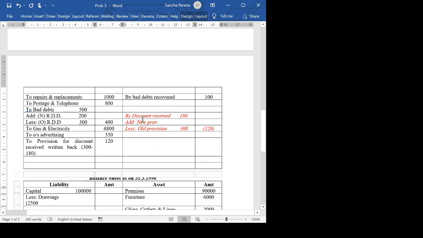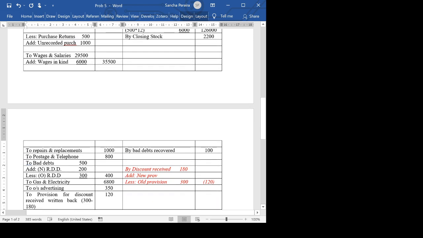I've just done it and I've put it in red, just for you to understand it. Otherwise, you may wonder why I've taken discount received this way. This is the problem. Okay. Any questions with regard to it? Any questions?